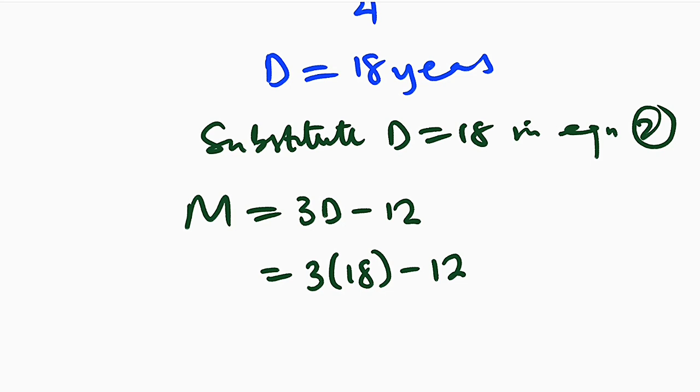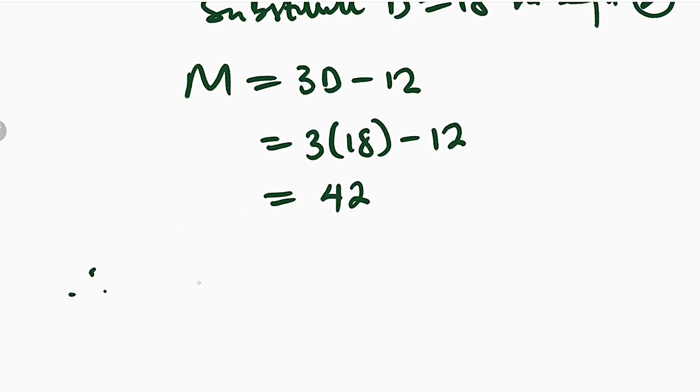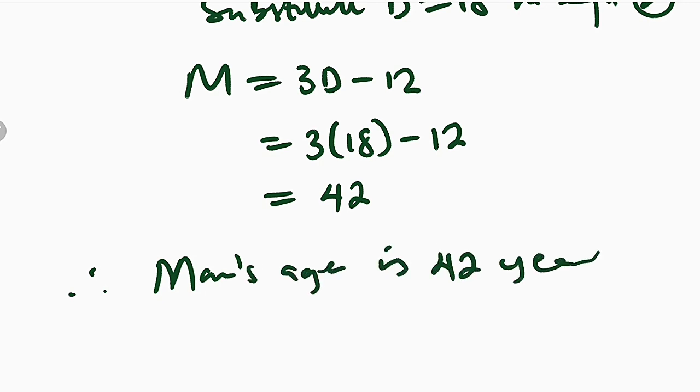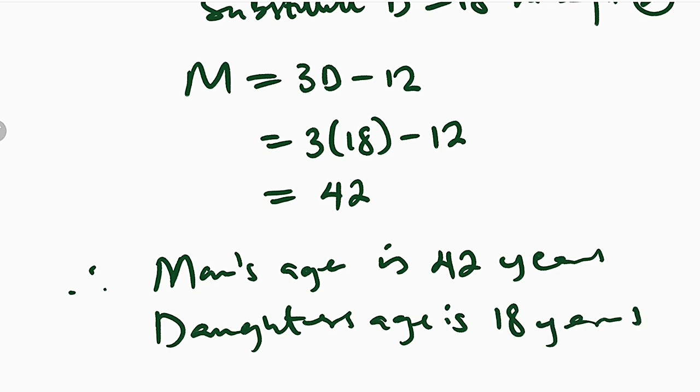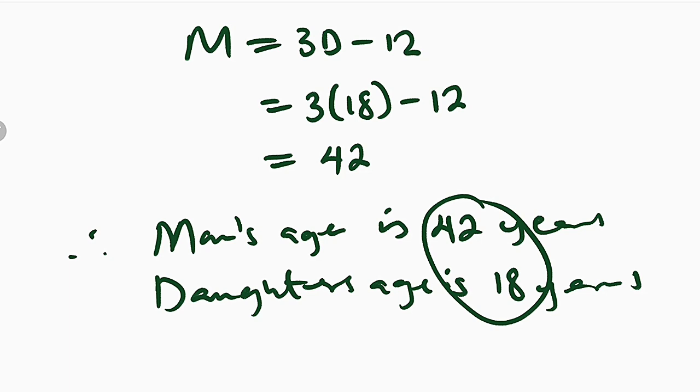Then we subtract 12, we have 42. So we conclude that man's age is 42 years, while daughter's age is 18 years. And if you want to confirm, you can add these two ages together. It must give you 60, because the question stated that the sum of the two ages equals 60.